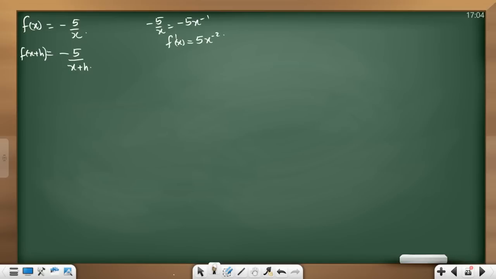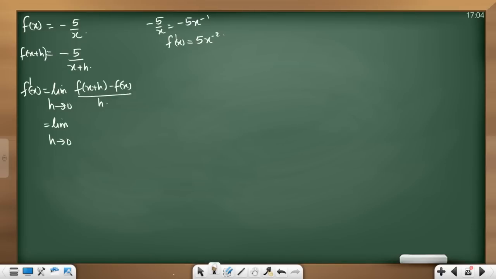All right. Now, f prime of x is equal to limit as h approaches 0, f of x plus h minus f of x over h. Limit as h approaches 0. What is my f of x plus h?